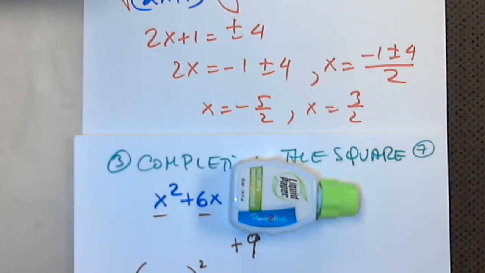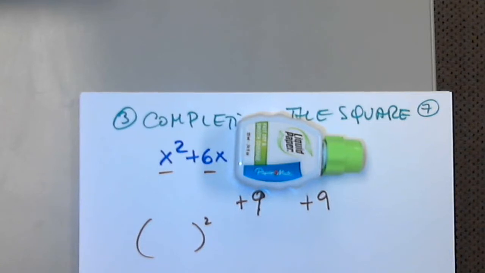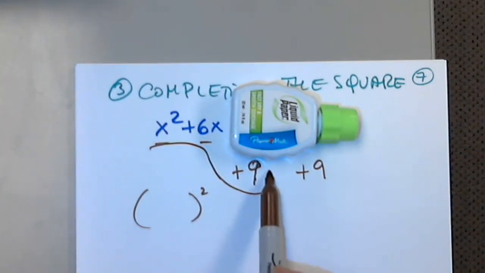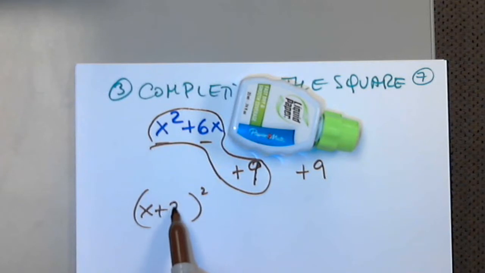And if I do add 9 to one side of an equation, what do I have to do to the other side? Good. I'll explain the method in a second and how your colleague got 9. But can you please tell me what will this be? X plus 3. Awesome.